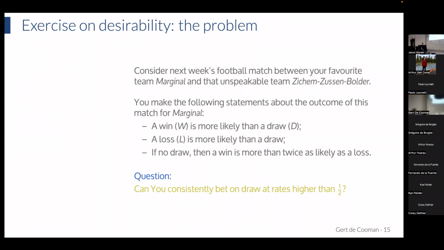Anything higher is at a higher rate. But this is something I said before. If I have an indicator of an event minus something alpha, this is like betting on the event at rate alpha. This is why I flagged it. And so this means that in win I get minus 1/2, in lose I get minus 1/2, and in draw I get 1 minus 1/2, which is 1/2.